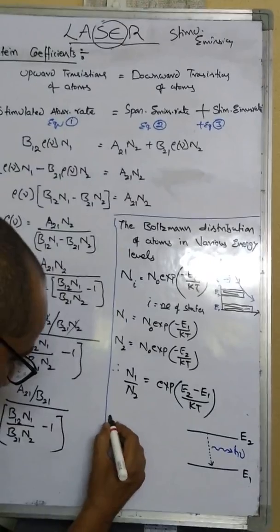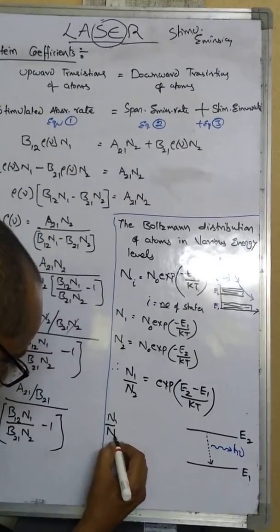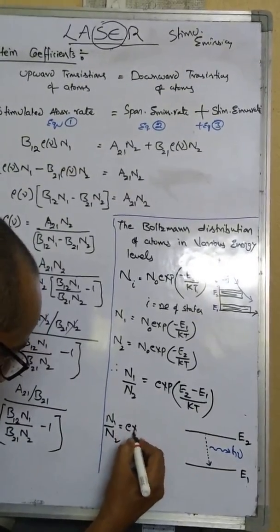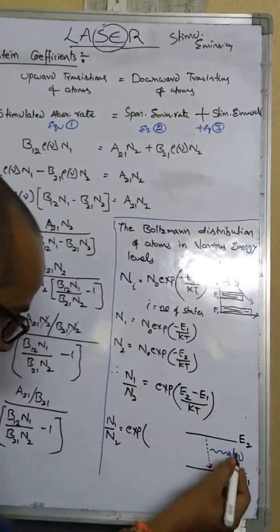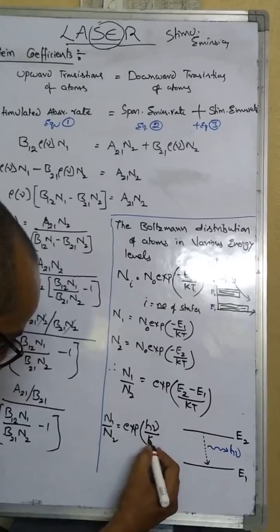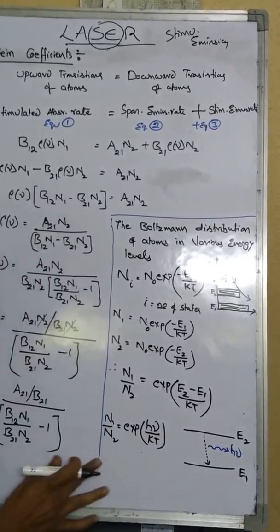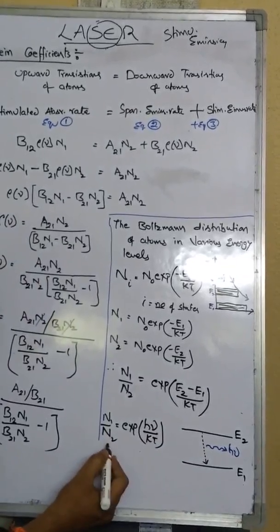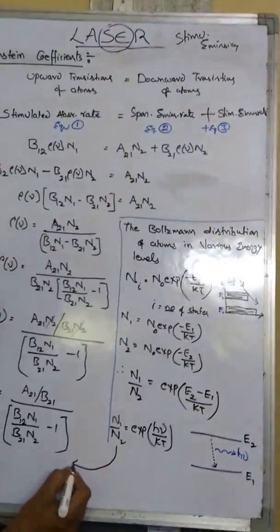Therefore, N1 by N2 is equal to exponential of E2 minus E1 by kT, and E2 minus E1 is nothing but h nu. So now I will substitute the N1 by N2 value in this expression.